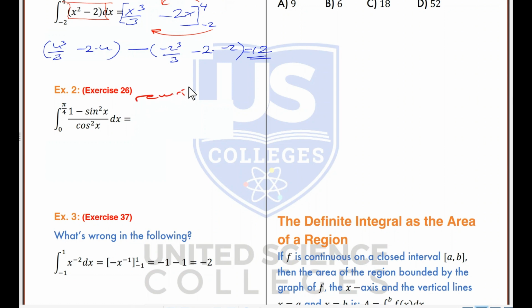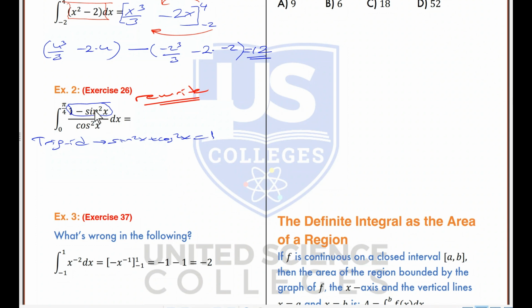So let's rewrite the given function. We have 1 minus sine squared at the top, cosine squared at the bottom. What is 1 minus sine squared in terms of cosine squared? Remember the trigonometric identity saying sine squared x plus cosine squared x equals 1.